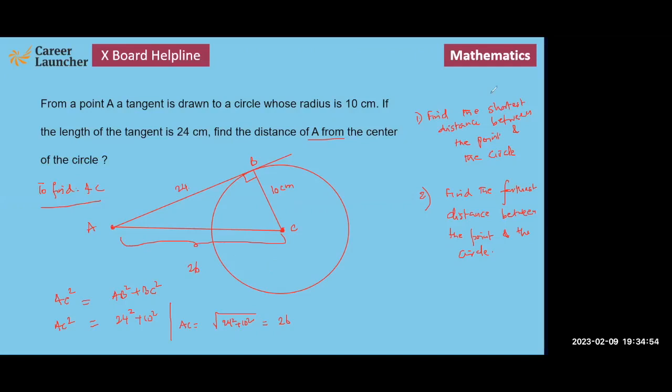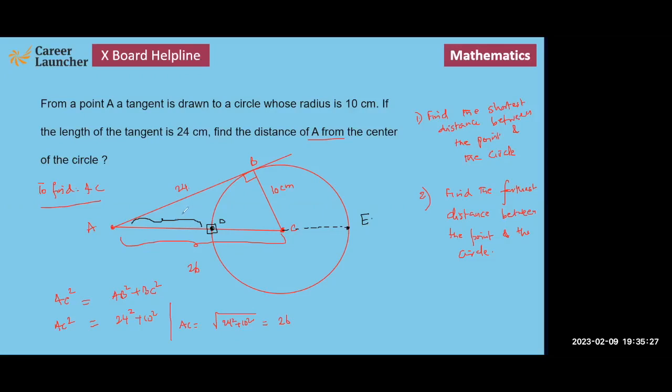Now, what is the shortest distance and what is the longest distance? The shortest distance will be this point, right? So a point on the circle that is closest to the point A is going to be this point D. And the farthest will be the point E. तो AD का वैल्यू कितना हुआ? Because these are some of the hot questions जो पूछी जा सकती है.